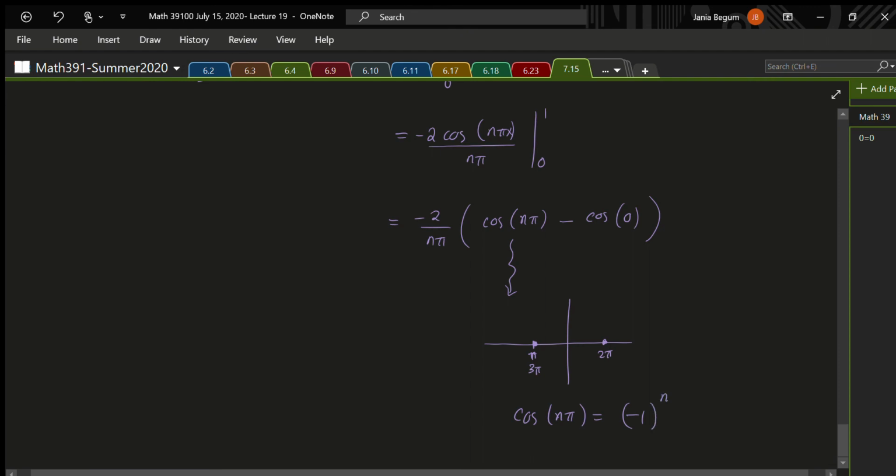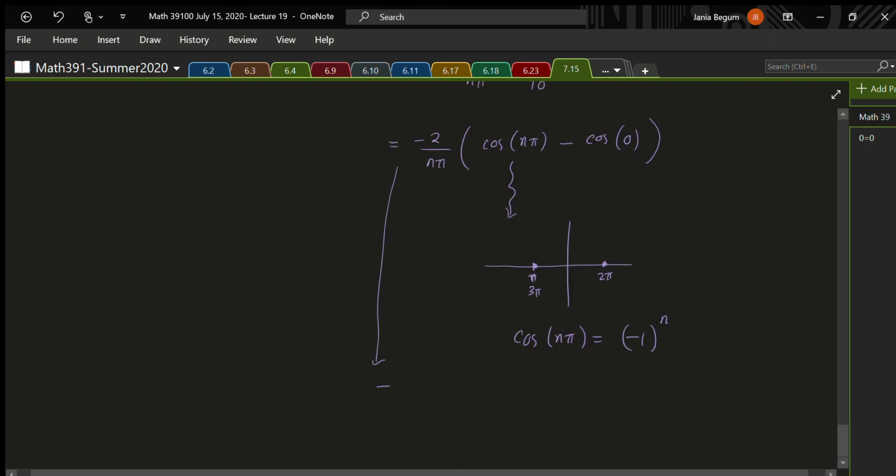So check this out. If n is even, it's going to be positive 1. If n is odd, it's going to be negative 1. So it works. So what are we going to do? We're going to simplify this. So this is equal to negative 2 over n pi. So cosine of n pi is just negative 1 to the n. We were able to simplify that. Minus cosine of 0. Well, we know cosine of 0 is 1. So that's minus 1.